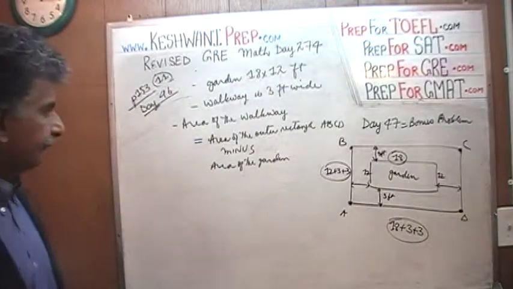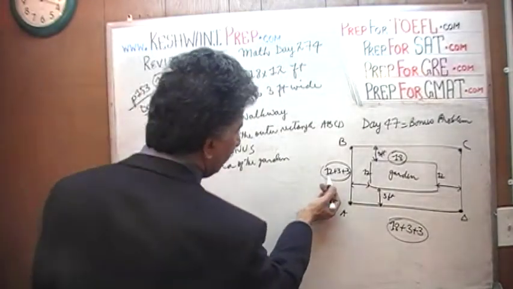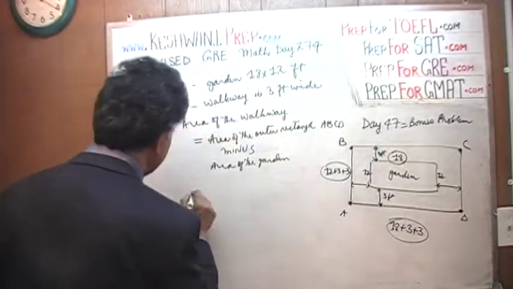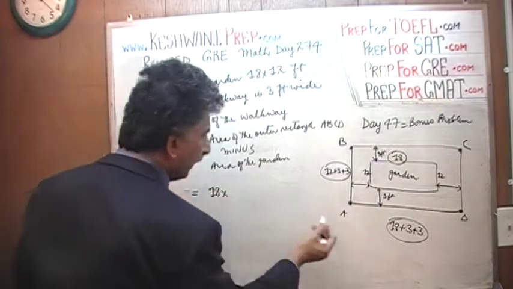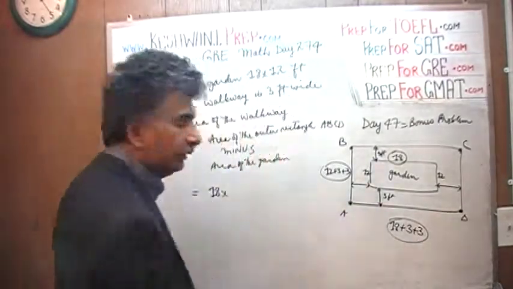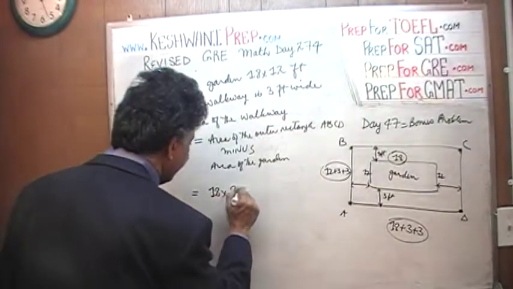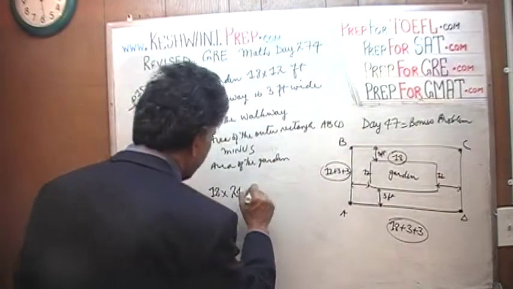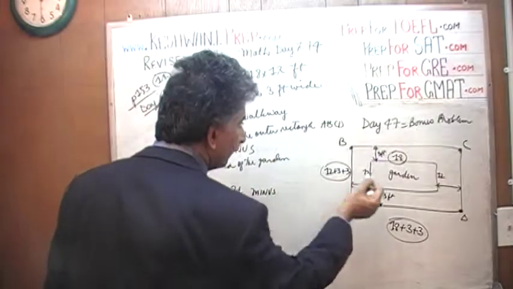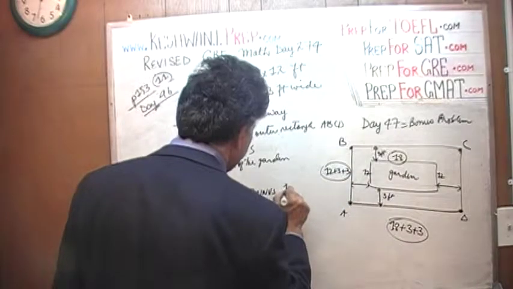That's all, we're done. And that's simply 18 by 12 plus 3 plus 3, which is 24. So it's 18 times 24 minus the area of the garden, which is 18 times 12.